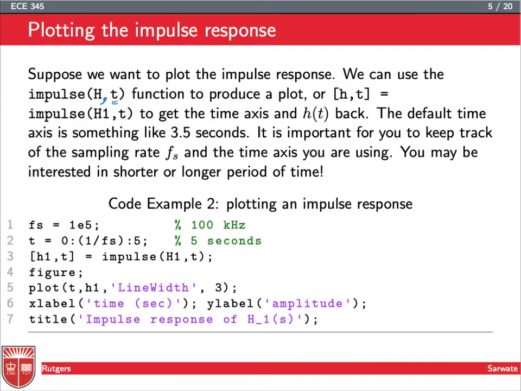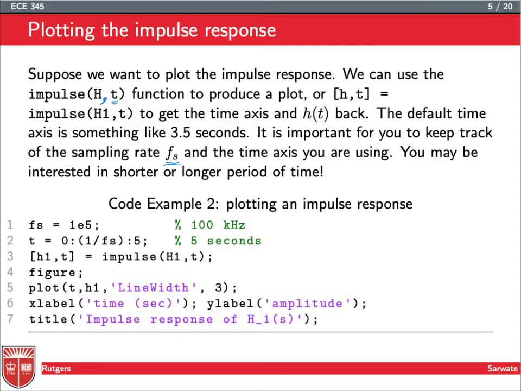The default time axis is something like 3.5 seconds, but when using the impulse function you should pass the time axis explicitly, because you want to keep track of the sampling rate fs that you're using to simulate your CT system in discrete time. That might become important later, so get into the habit of maintaining the time axis as a variable.